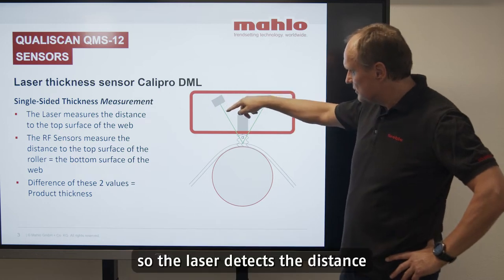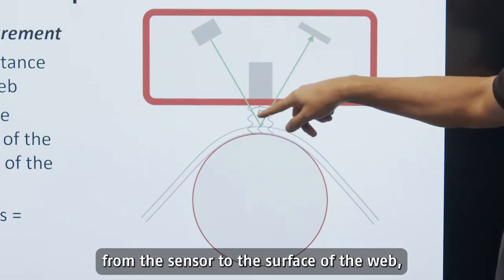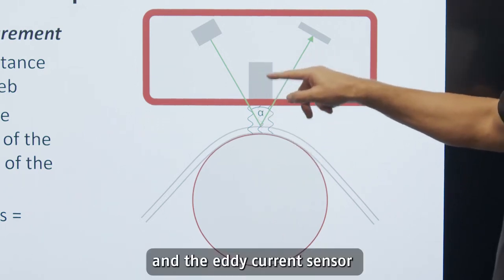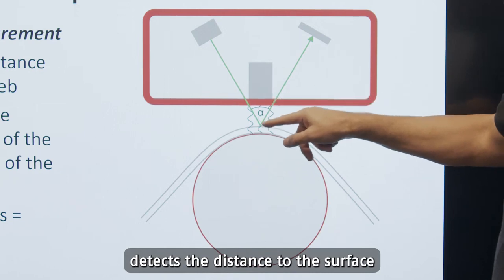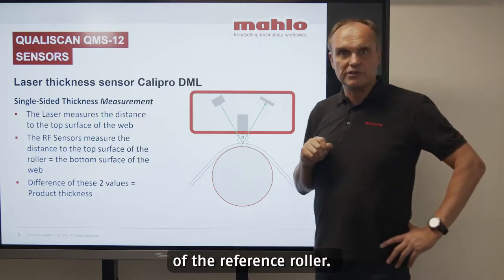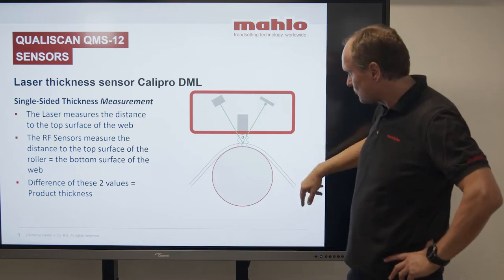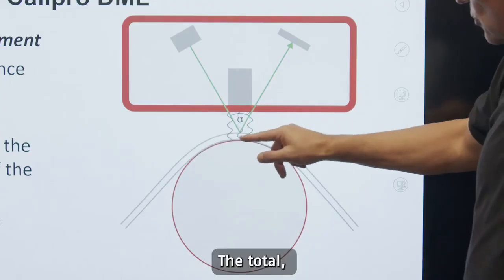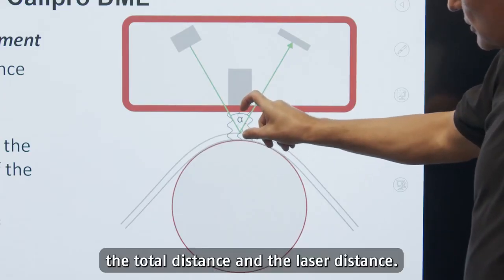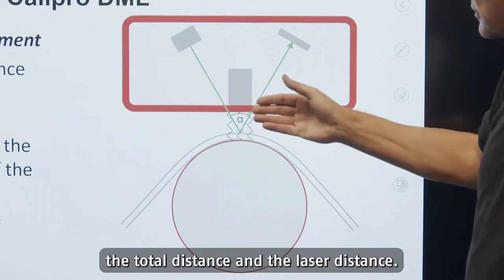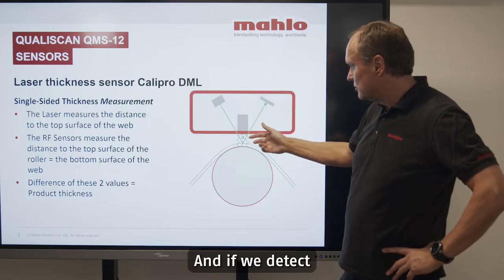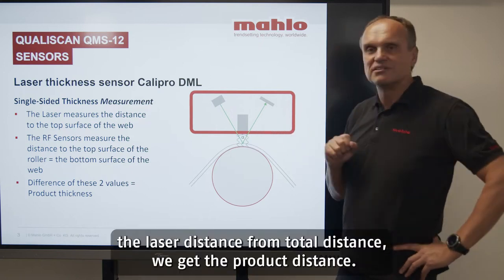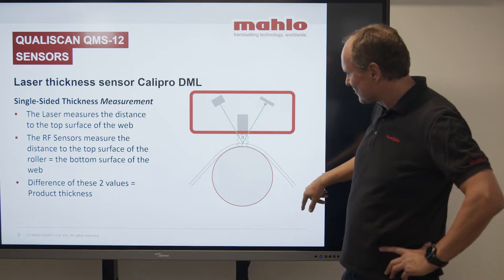So the laser detects the distance from the sensor to the surface of the web, and the eddy current sensor detects the distance to the surface of the reference roller. So we have two values, the total distance and the laser distance, and if we deduct the laser distance from total distance, we get the product distance.